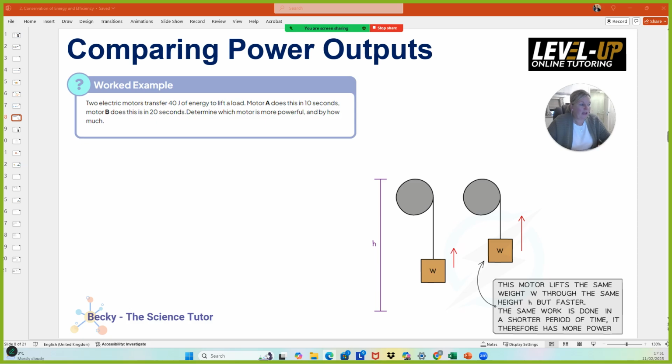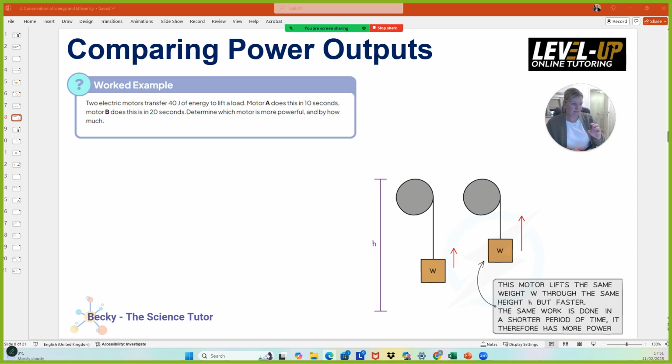They're the same size, so they're moving the same weight, and they're moving it through the same height. We've got the height labelled on there, so we're moving it through the same distance. But one of them does it in a shorter period of time, and therefore it must have more power because it's doing it more quickly.